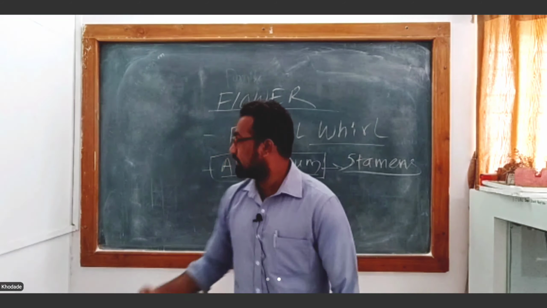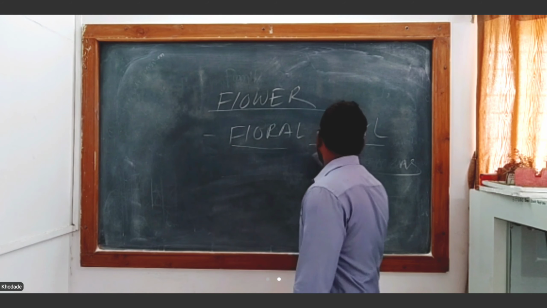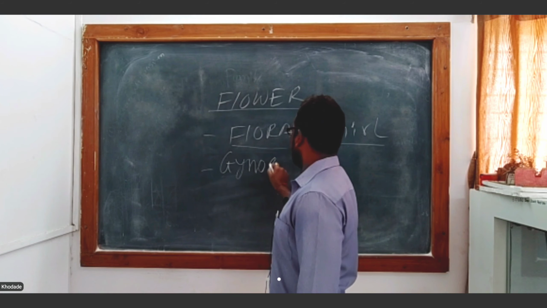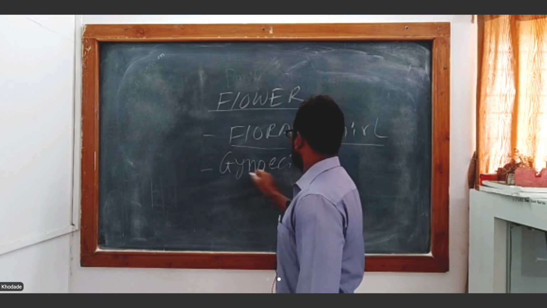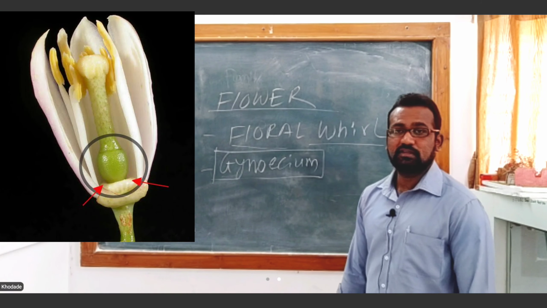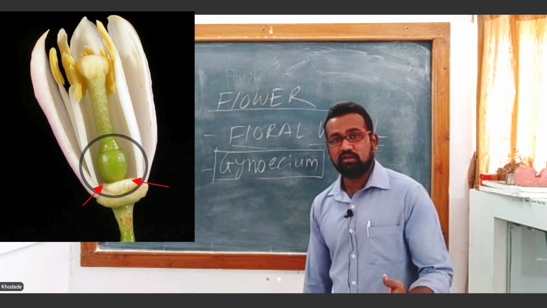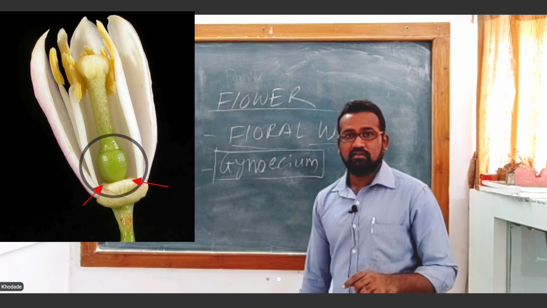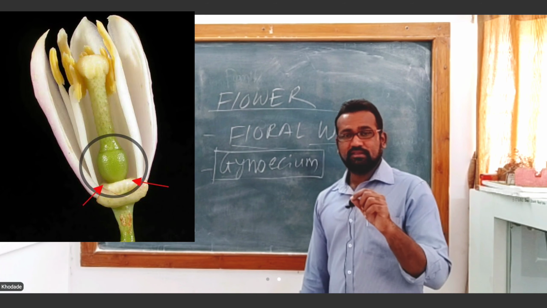The fourth category is gynoecium. This gynoecium means the female reproductive organ. Generally, the gynoecium is located at the center, and it also has a unit, like the androecium, corolla and calyx.